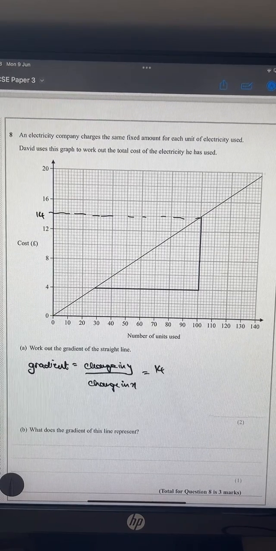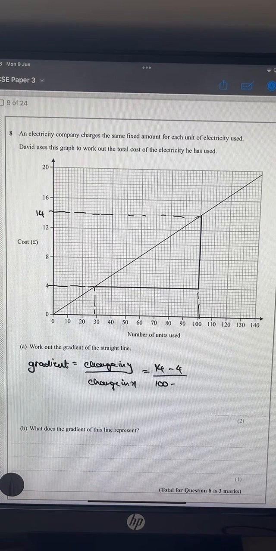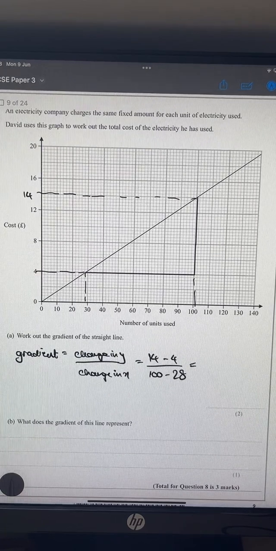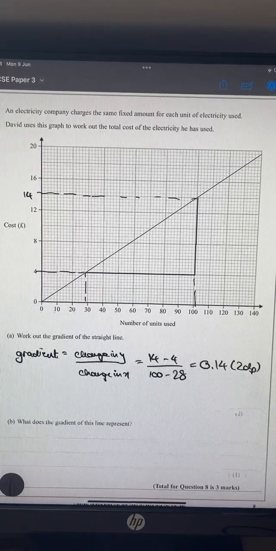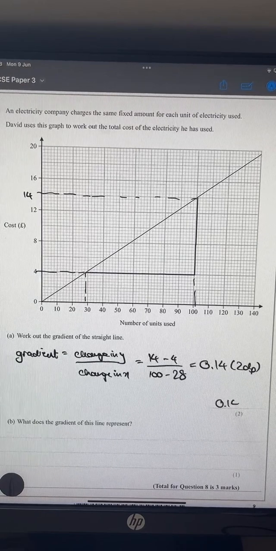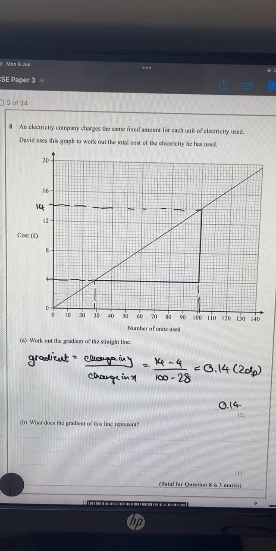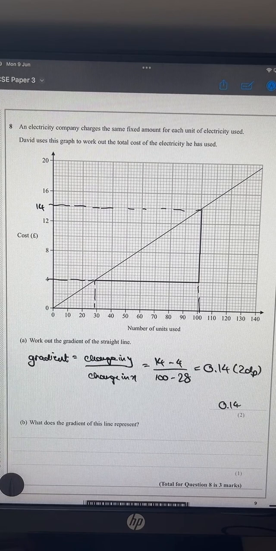So 14 minus the second y value, which is just 4, divided by the change in x, so this is going to be 100 minus 28, and when you put that in your calculator, you get roughly 0.14 to 2 decimal places. So that's how you would do this question. The answer is not going to be an integer all the time, so make sure you know how to round and just say how much you round to if the question doesn't specify.